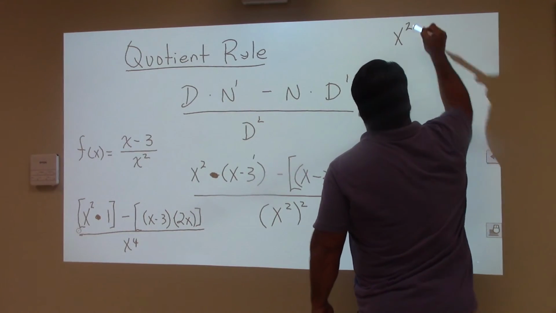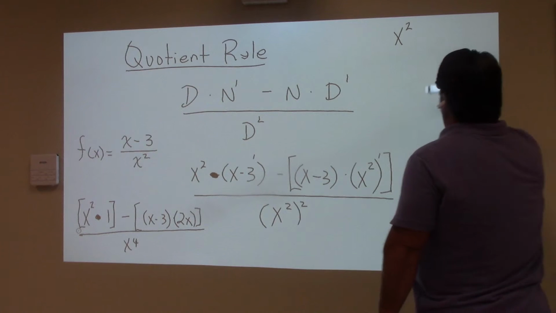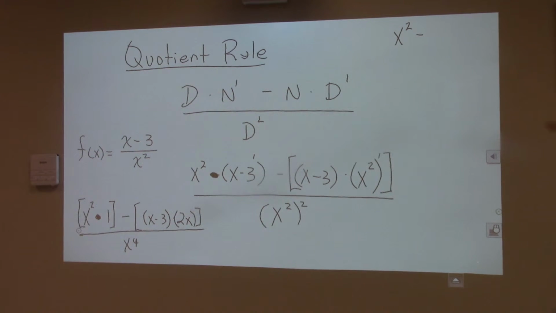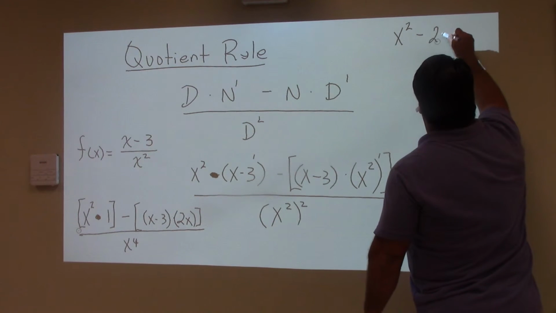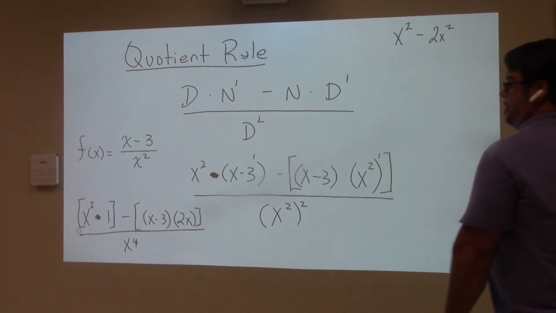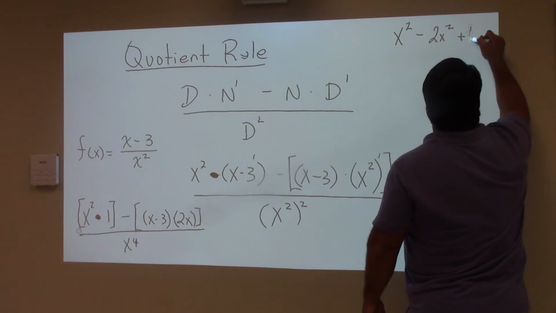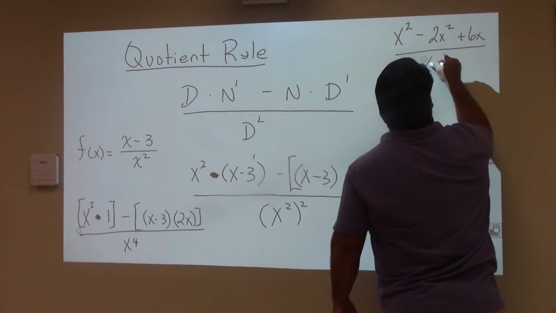X squared, Hubert. Thank you for the interaction. Minus, and if you distribute that minus 2x, that's going to be minus 2x squared plus what? 6x over x to the 4th.